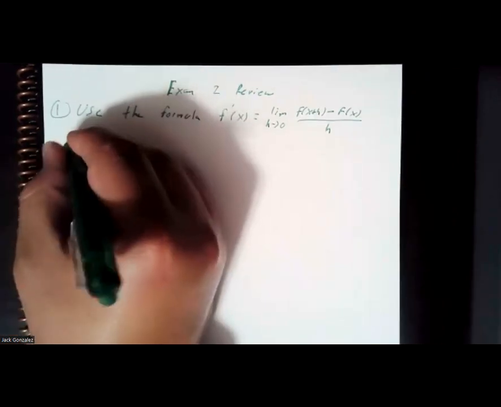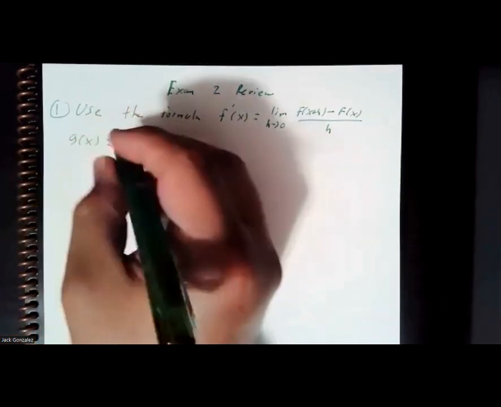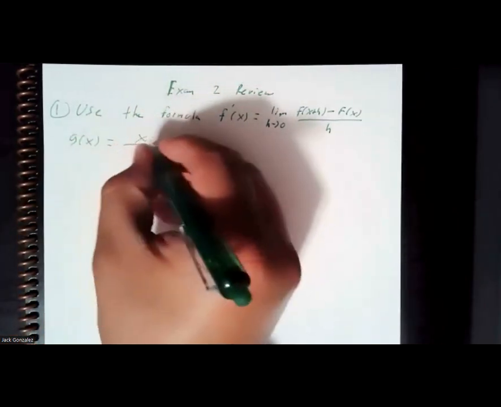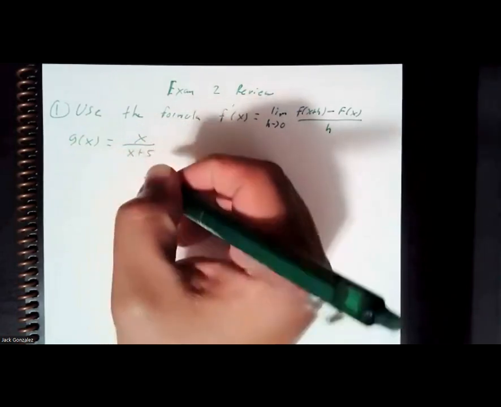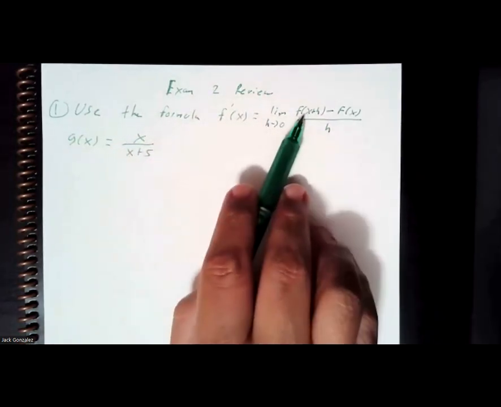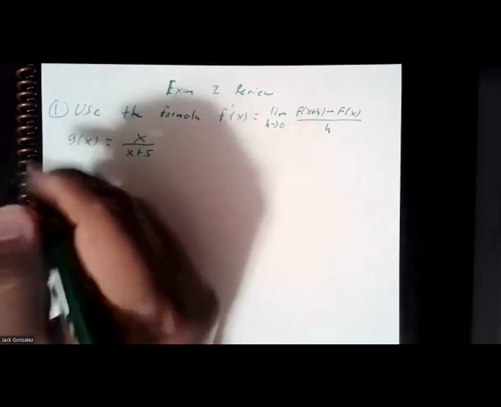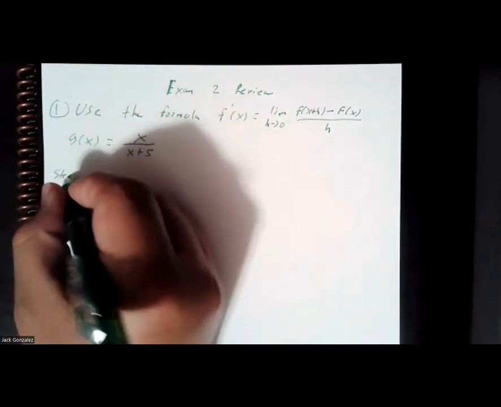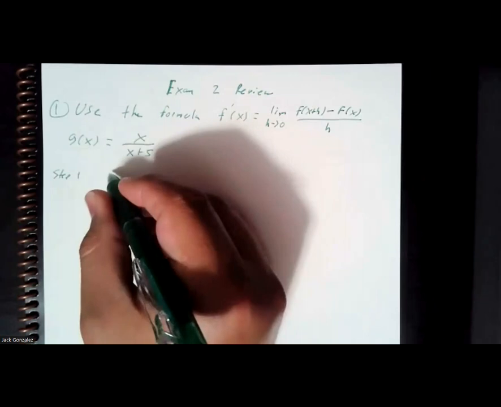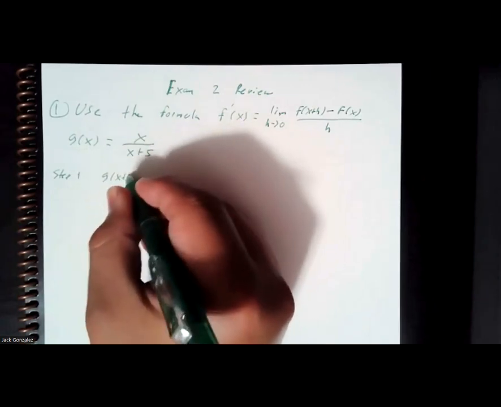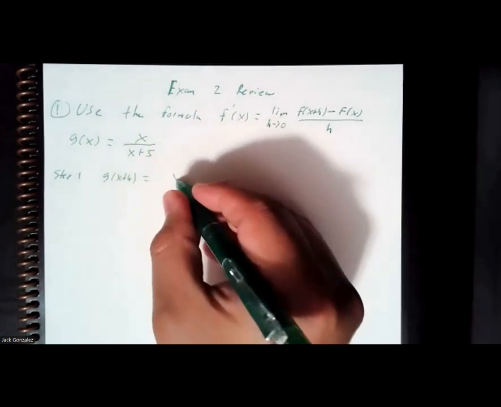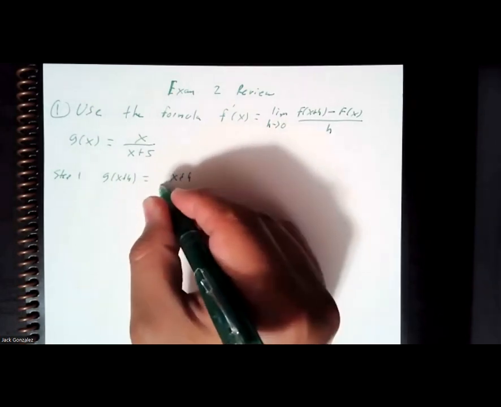So in this question, they gave us a g function equal to this guy. So then what you're gonna have to do is do the x plus h. So step one, do g of x plus h, which will be this guy.